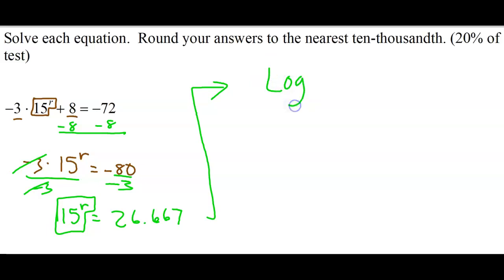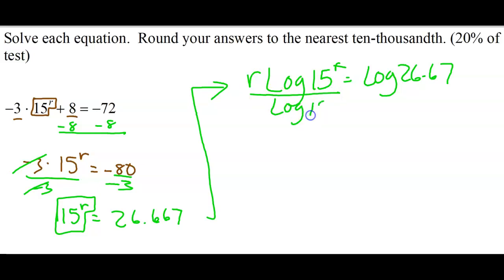So I'm going to say log of 15 to the r is equal to log of 26.67. We can take our r and put it in the front. We could take this log and divide it out. And so my final answer will be whatever that comes out to be on my calculator.